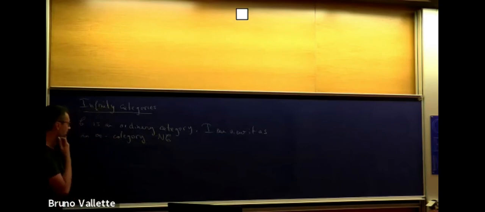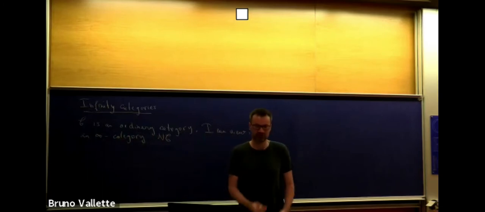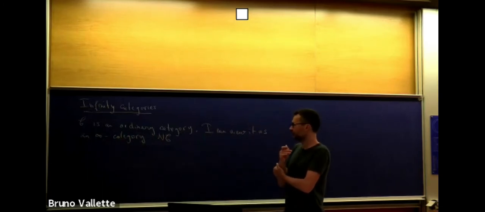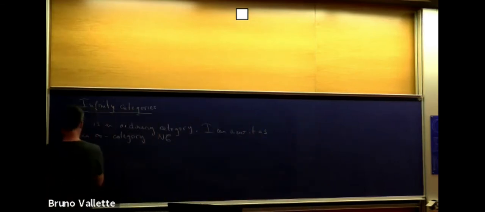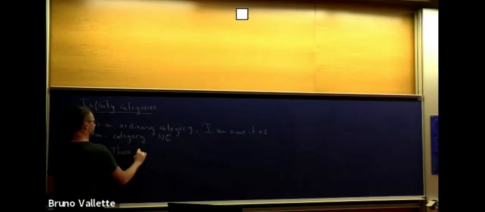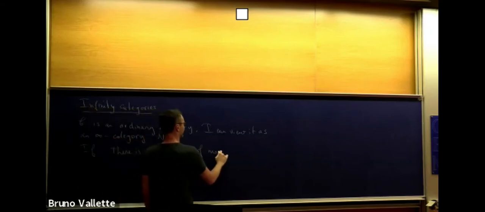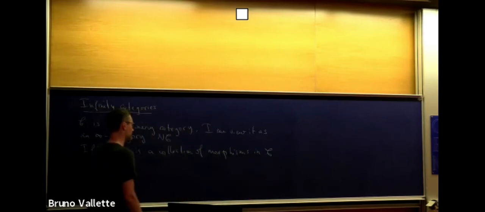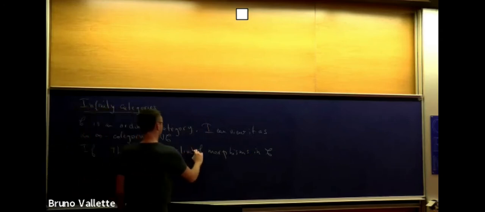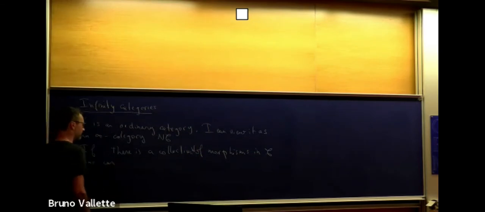Denoted nerve of C. So I use this notation because in the model of quasi-categories, this is literally the simplicial set given by the nerve of C. And more generally, if I have a collection W of weak equivalences, a collection of morphisms in C, one can construct the infinity categorical localization.